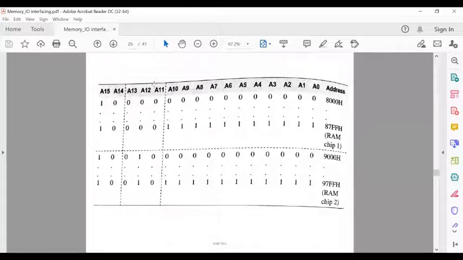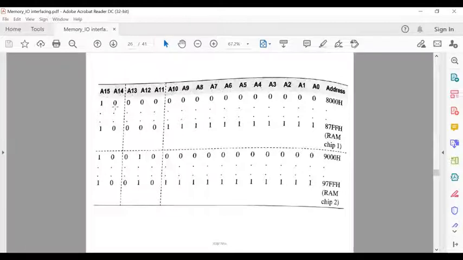Now if you have taken A11, A12 and A13, that means all these are 000 for RAM 1, and it will be changed for RAM 2 as 010. Okay, so there are two variations for the two statuses of RAM 1 and RAM 2. But if you have taken, suppose, A11, A12 and A14, so instead of A13 you have used A14.